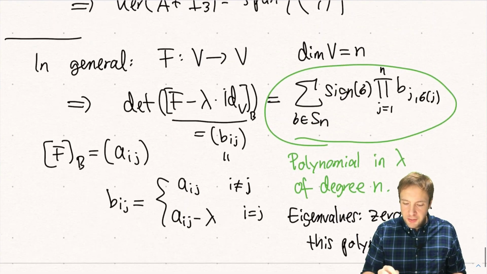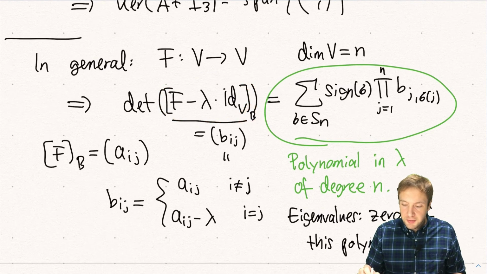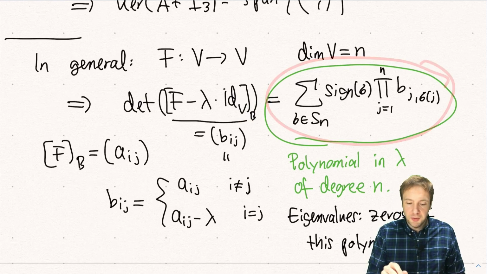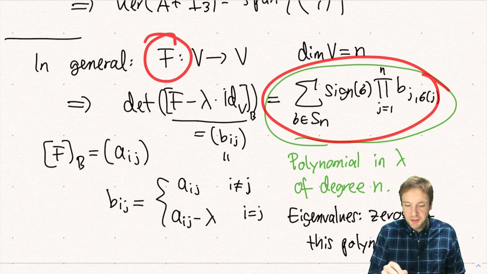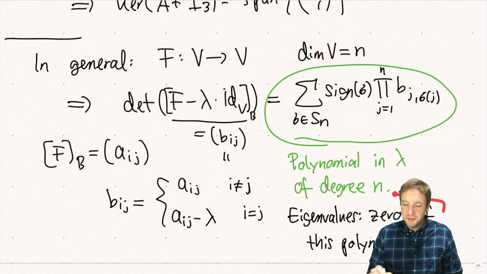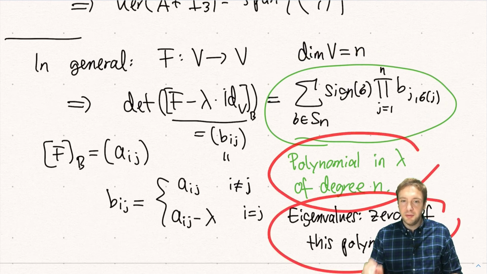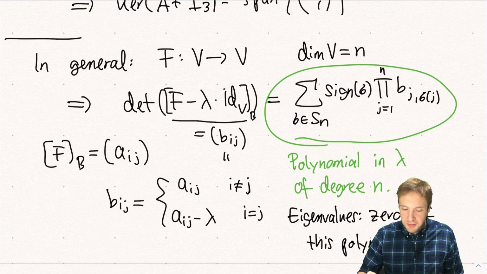Okay, and also because the matrix of a linear map is independent of the choice of the basis, this means this polynomial is really some property of this linear map. So we can assign to this linear map a unique polynomial, this one here, and then the eigenvalues are the zeros of this polynomial, and that's why this polynomial also gets a name.